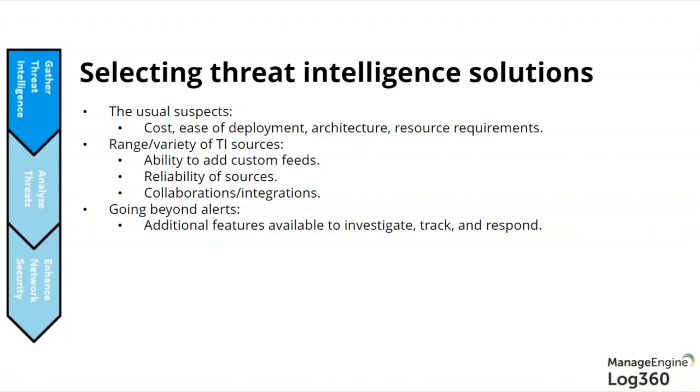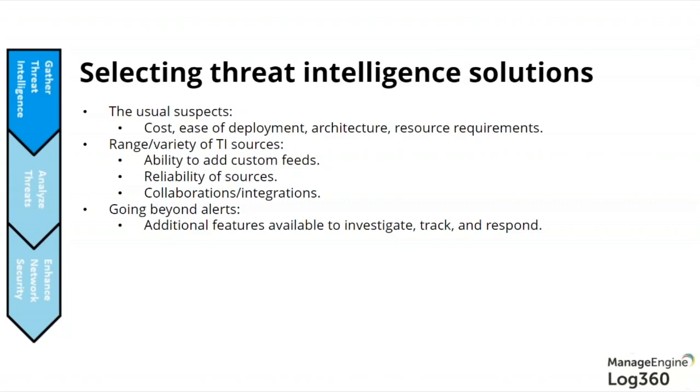But apart from this, there are two broad classes of considerations you would have to look at before you select a solution. Okay, so the first class of factors would be where these solutions are getting their threat intelligence from. So, we discussed the various factors that make the different types of threat intelligence feeds different, right?